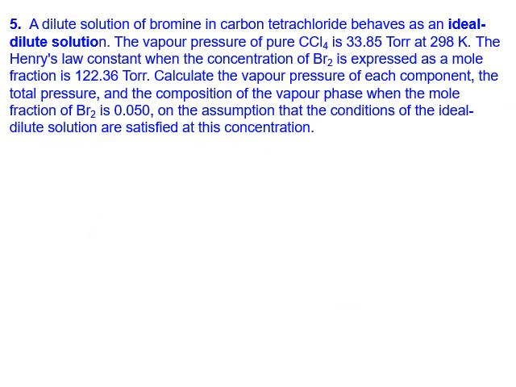Question number 5. A dilute solution of bromine in carbon tetrachloride behaves as an ideal dilute solution. First, this question indicates bromine is a solute and carbon tetrachloride is a solvent.